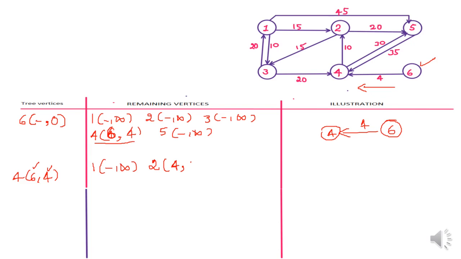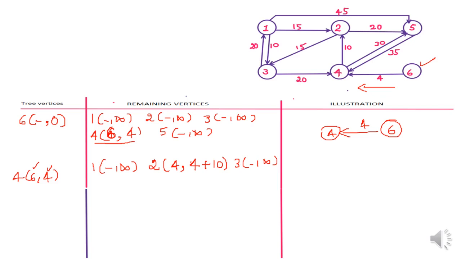So till 4 the smallest distance is 4, and 4 to 2, what's the distance? That is 10. Next is 3. 3 is not making any edge, so let's keep the earlier distance as it is. No change in the earlier distance.